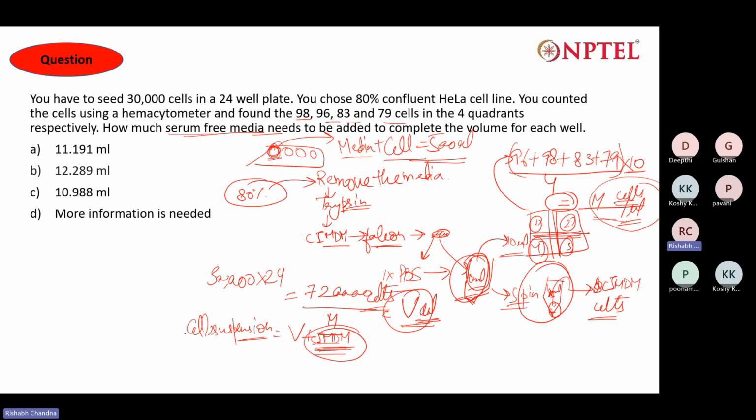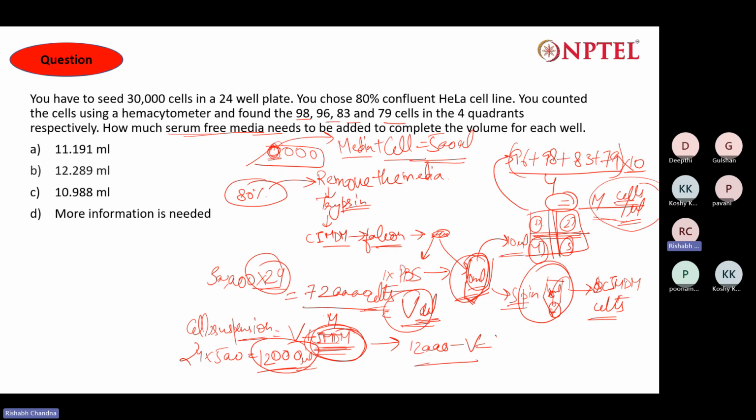So the total volume that we add in 24 wells will be 24 into 500, that will be nearly 12,000 microliters.